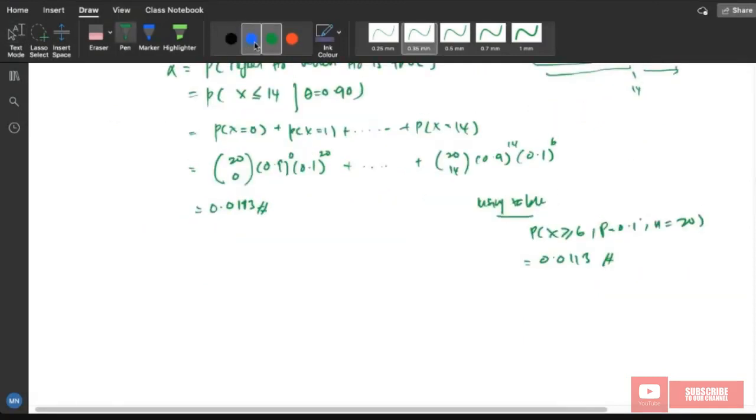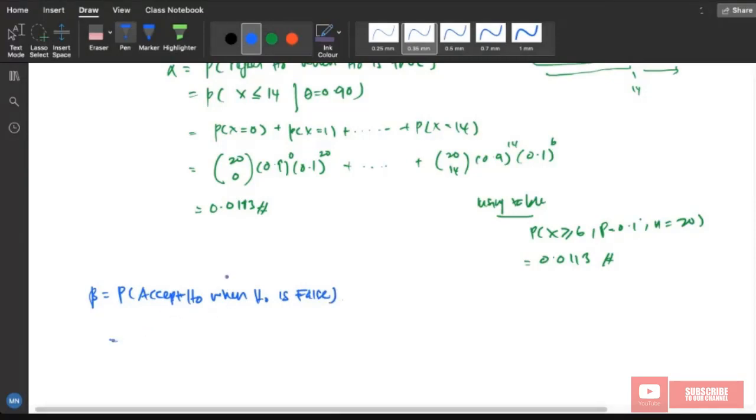So it's the same concept. Beta is the probability of accepting the null hypothesis when the null hypothesis is false.